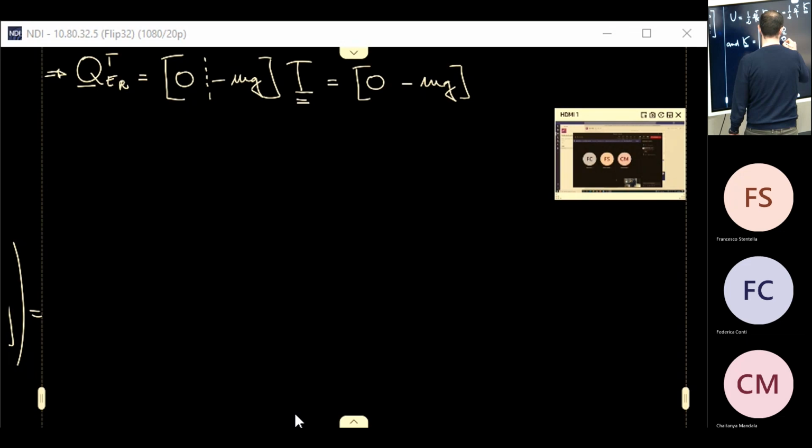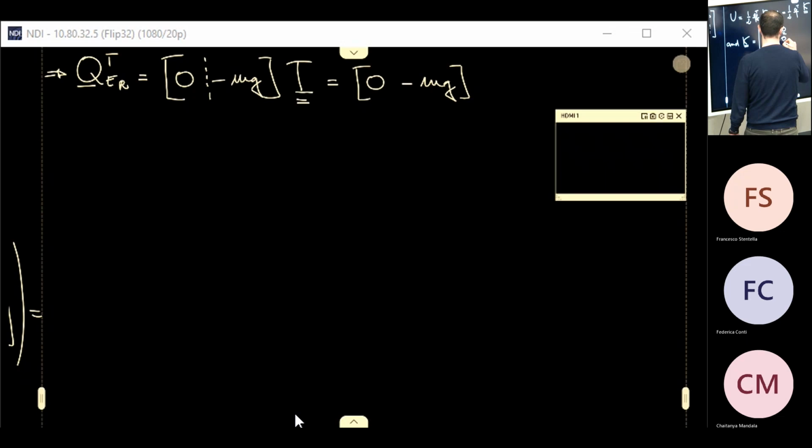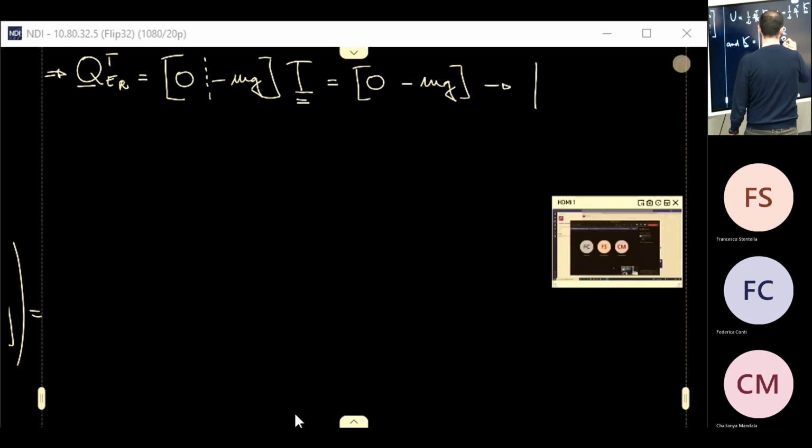Because it applies directly on R2. So it is associated to a work associated to the vertical translation of the body. Again, remember that this is associated to the vector R1, R2. That's why it has this form.